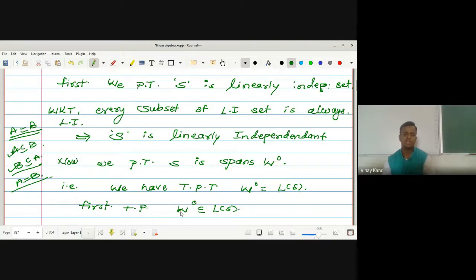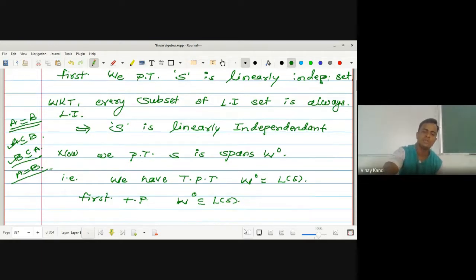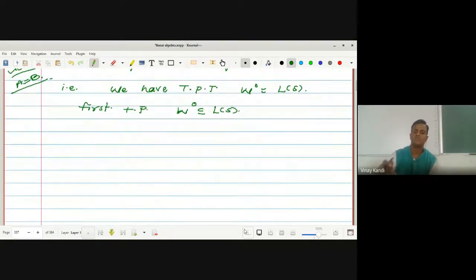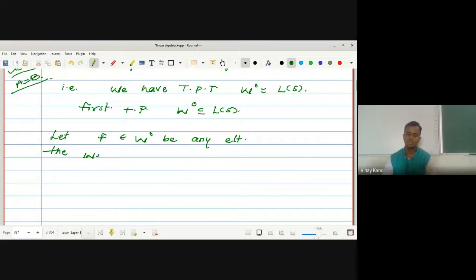So first prove that the annihilator of W is contained in L of S. Take any element belonging to the annihilator of W. If it belongs to L of S, then the annihilator of W is contained in L of S. Let f belong to the annihilator of W be any element. Then we show that f is a linear combination of elements of S.